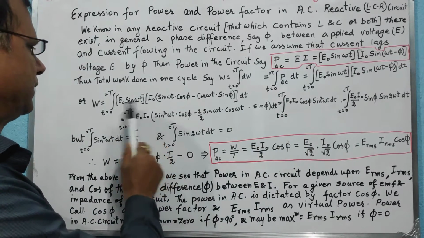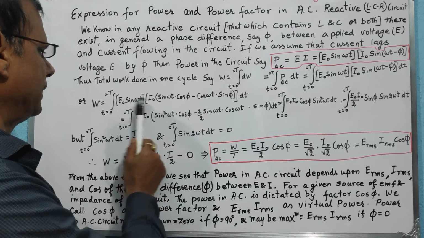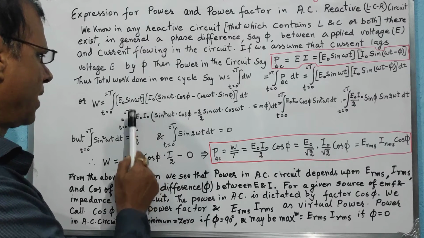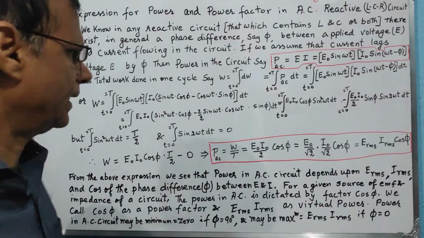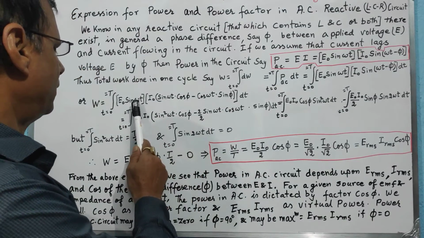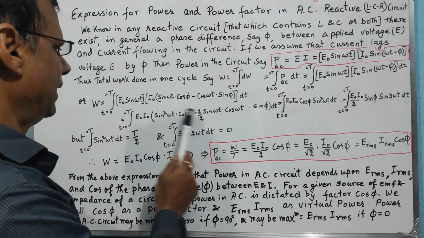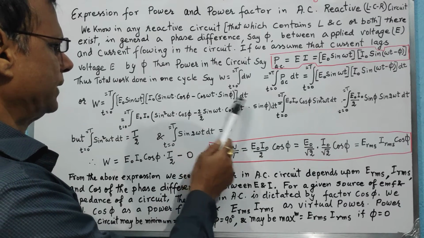Now when you open this bracket, you get E0 I0 sin omega t into sin omega t, which becomes sin square omega t, with cos phi. Then multiply with the second term: sin omega t into cos omega t into sin phi.